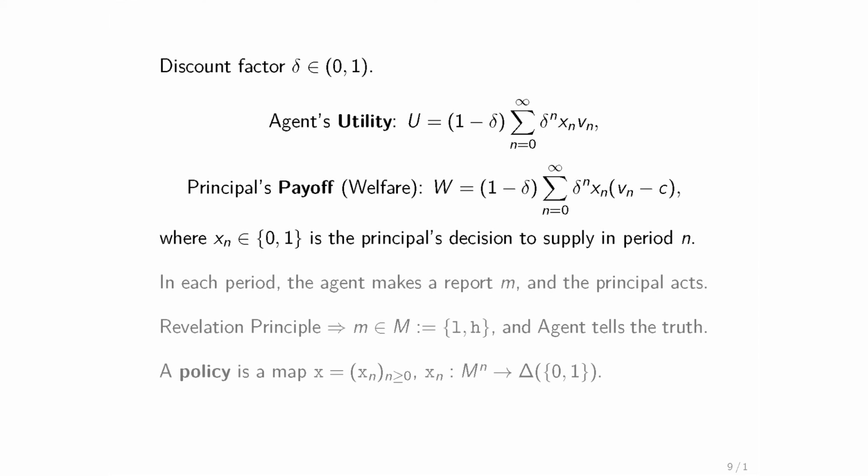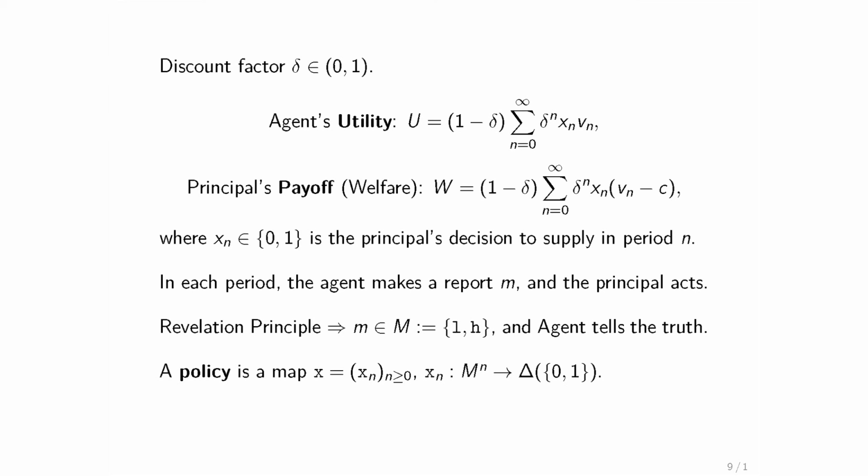Now, in each period, the agent makes a report M, and the principal makes a supply decision. In this stylized environment, the principal has commitment, so it is without loss to look at direct and truthful mechanisms, in which case the message space is the type space, either low or high, and the agent always tells the truth. Okay.